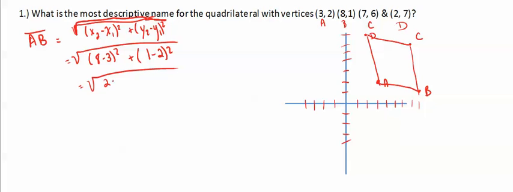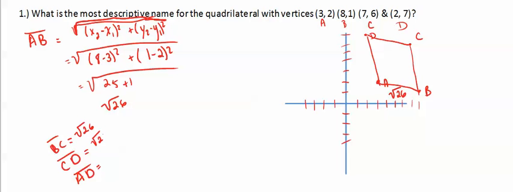This will give me 25 plus 1, which is the square root of 26. Go ahead and calculate the distance between B and C, then C and D, and finally A and D. Pause this video and calculate those distances. What you find out is that they all are the square root of 26.